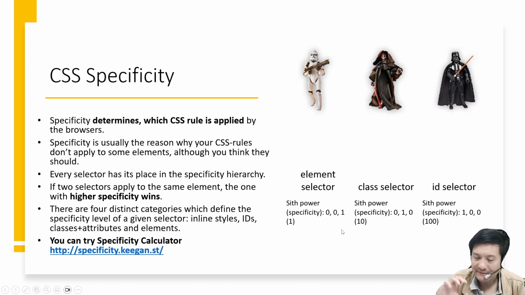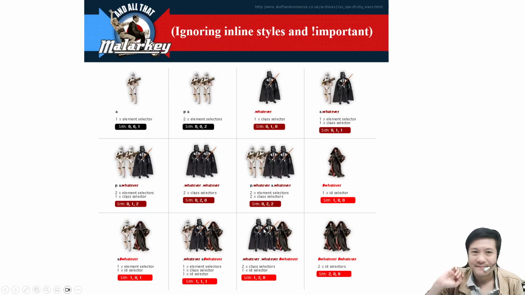A quite simple imagination is the soldier is the weakest one, and the stronger ones are higher, and then the ID one has the higher order. I think the order here may be reversed, but don't worry, just take a look at the next slide.